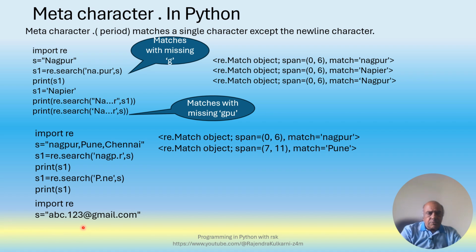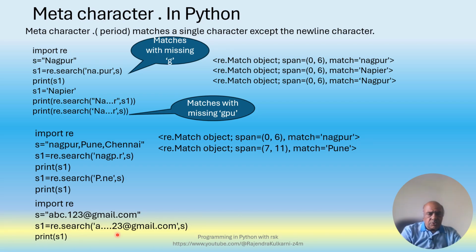There is some kind of a Gmail address or ID I am using, abc.123@gmail.com, and the search criteria is A, then 4 dots, and then 23@gmail.com.